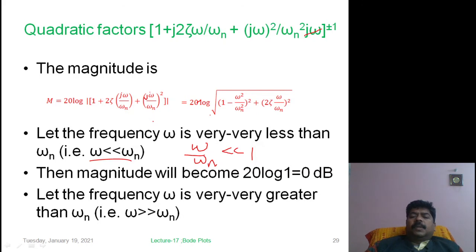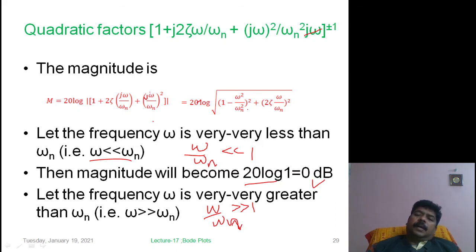So magnitude for the low frequency will be 20 log 1, or 0 dB. And if omega is very high, meaning omega by omega n is very much greater than 1, then compared to 1 this factor will be very high, and compared to it this other factor will be very low, because zeta is less than 1.